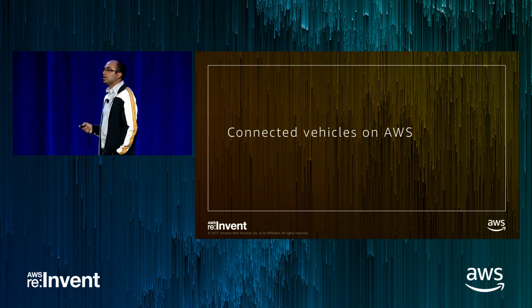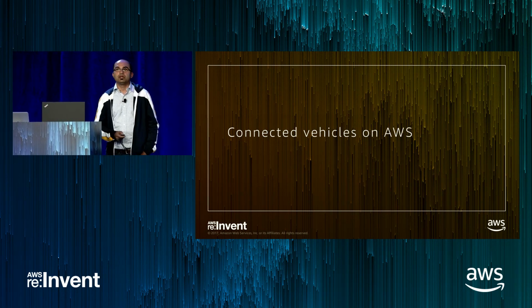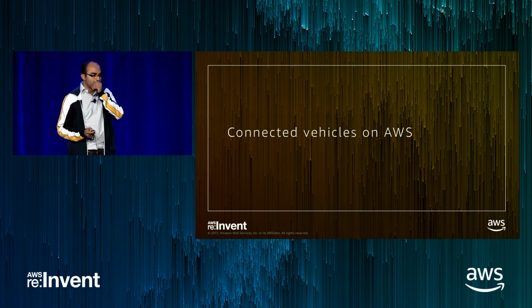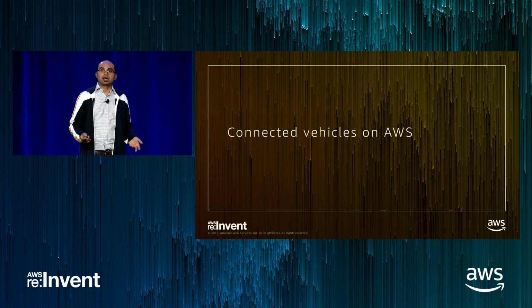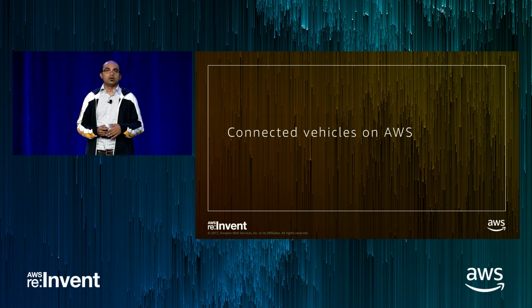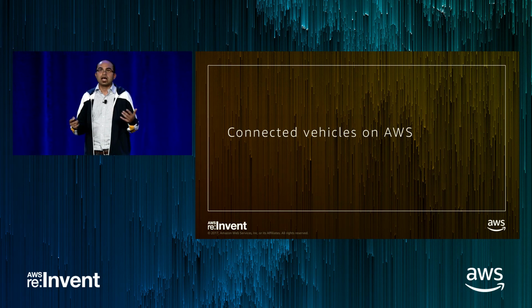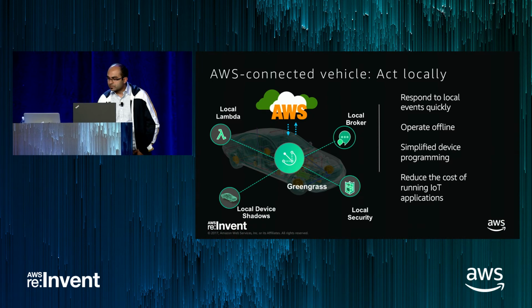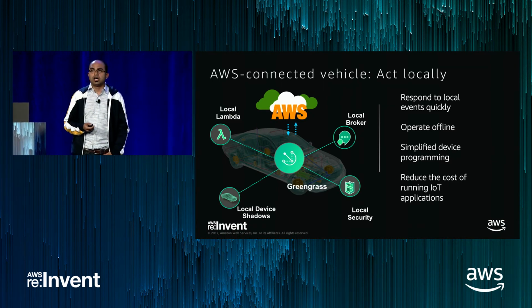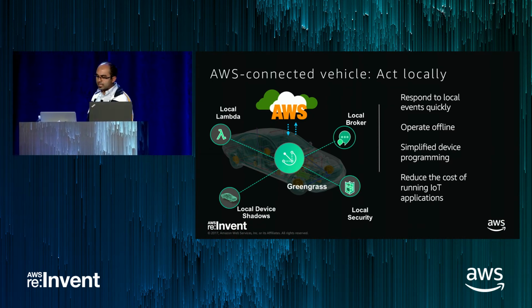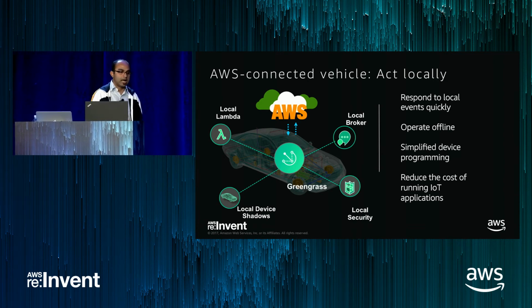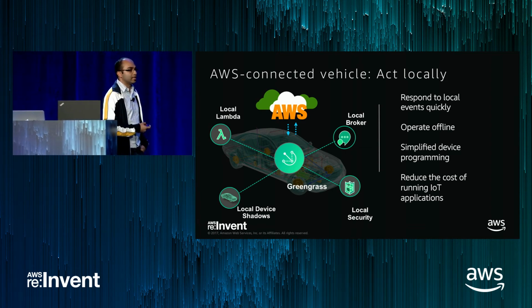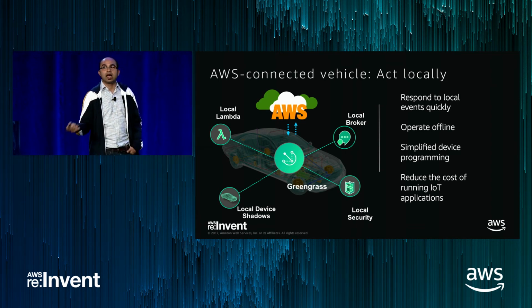We talked about algorithm development. We have a whole slew of other services, and people want to interact. How do you interact with other vehicles? How do I connect to the cloud? How do I securely communicate? All these aspects. So we wanted to put together a reference architecture so that you can replicate this, extend this to have local connectivity, sophisticated event rules, data processing and storage, both locally and in the cloud.